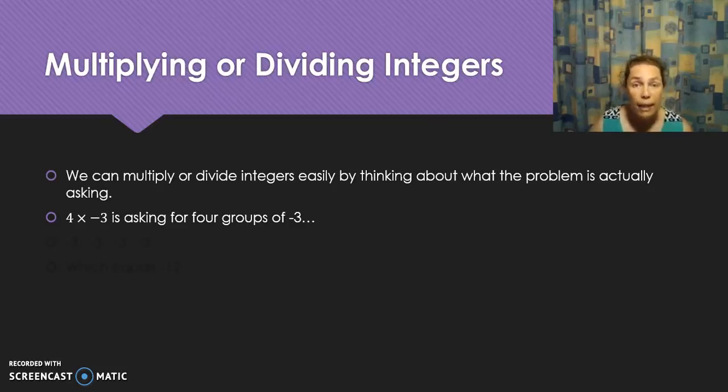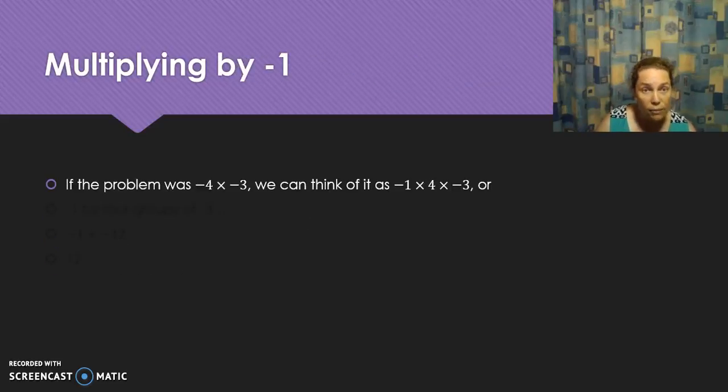So we can write that out as follows. We have negative 3 plus negative 3 plus negative 3 plus negative 3. And that equals negative 12. Now, when we have a negative by a negative, it's the same as putting a negative 1, because if we multiply anything by negative 1, it changes the sign.